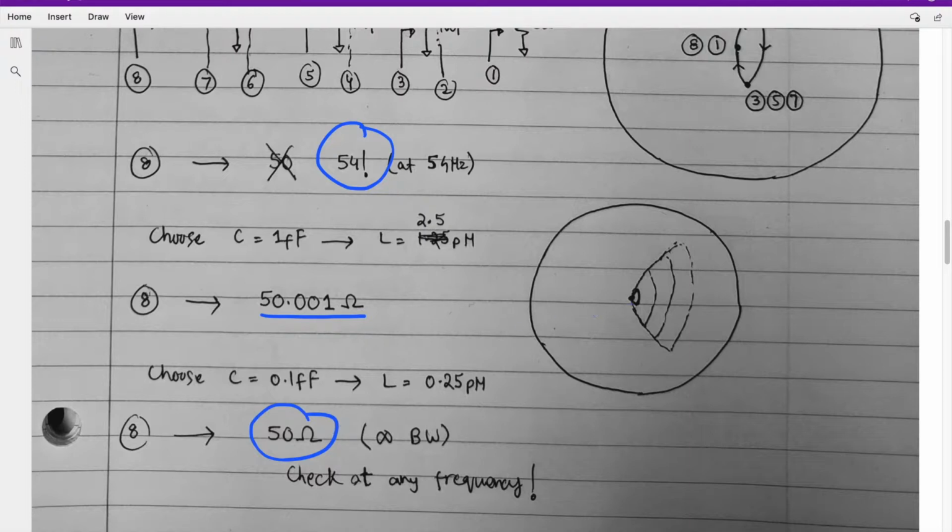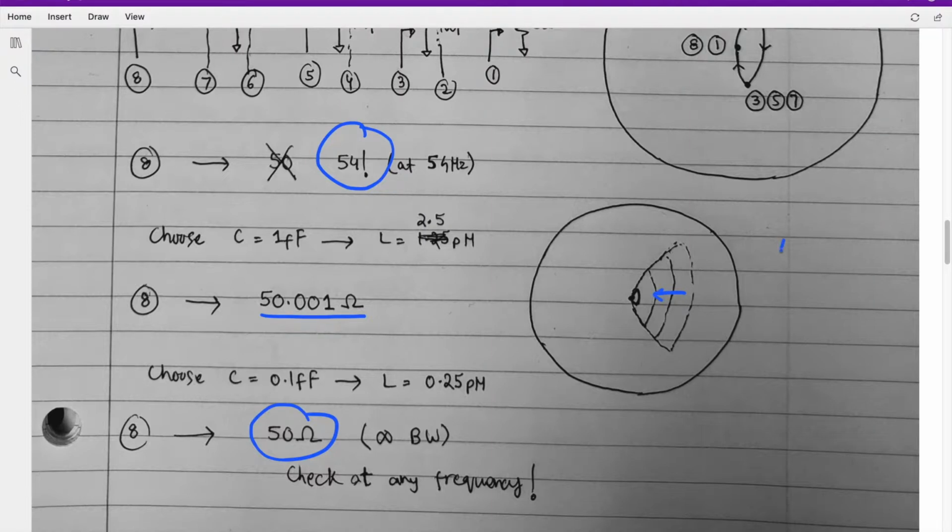Okay, so what's happening? When we had bigger values of L and C, we were moving on this bigger contour, like this, back and forth. As we reduce the values of L's and C's, we are moving in this direction.